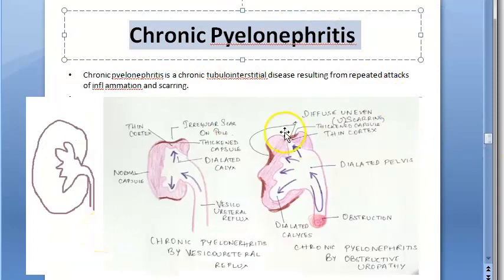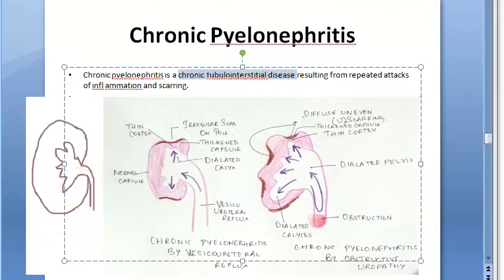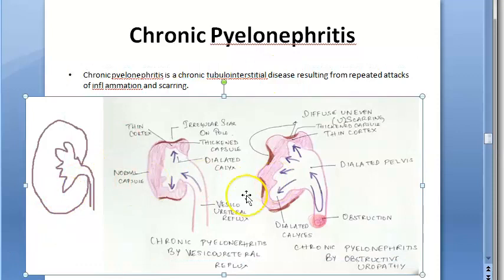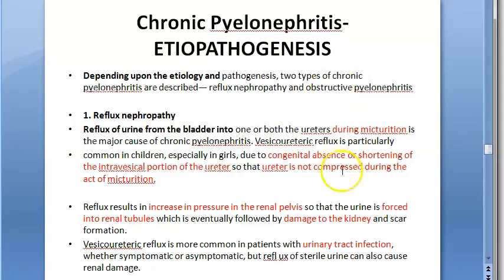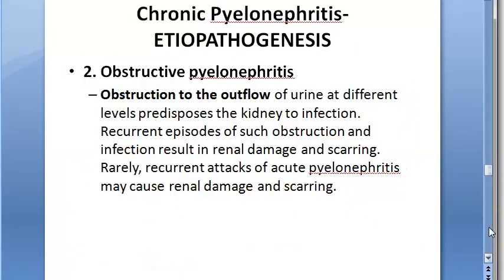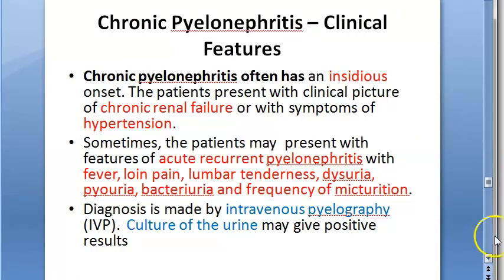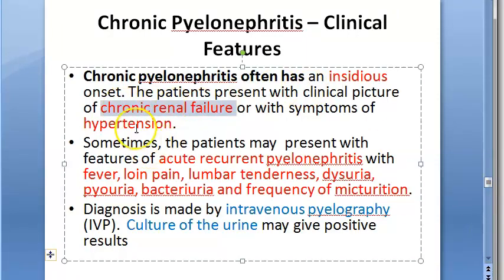So just take a recap. It is a tubulointerstitial disease. So basically here there are 2 causes: vesicoureteral reflux and obstruction. So both of these causes can lead to chronic pyelonephritis. So what will this patient come up with? He will come up with chronic renal failure, hypertension.